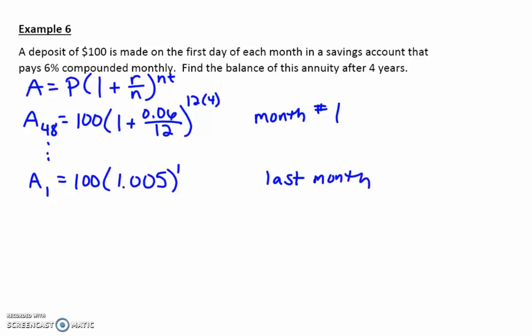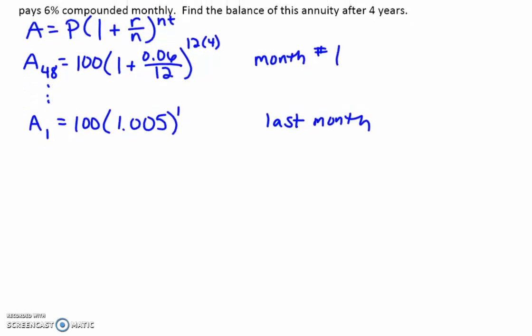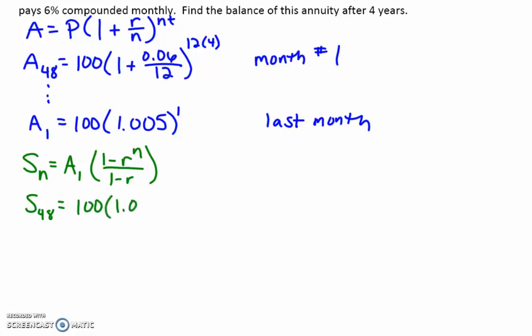All right, so we want to find the balance of the annuity after 4 years. So we have our formula. Oh, that's not equals. This is just copied from the previous one. All right, so after 48 months, we have 100 times 1.005.